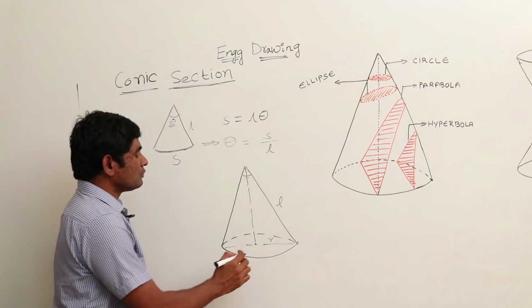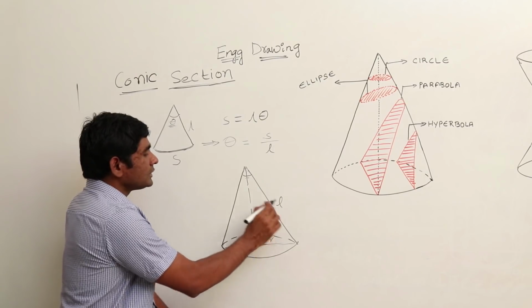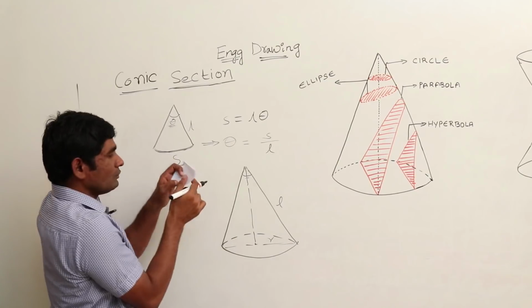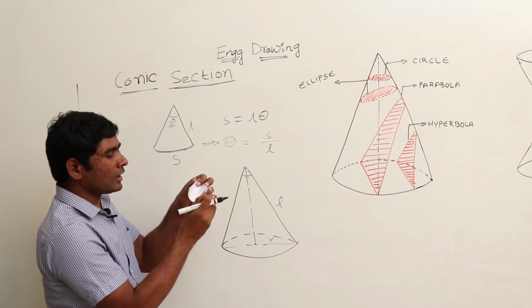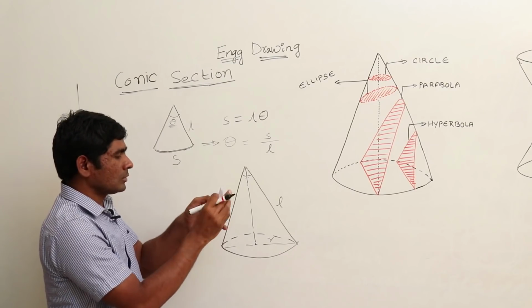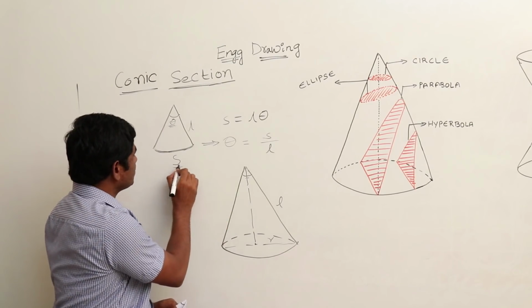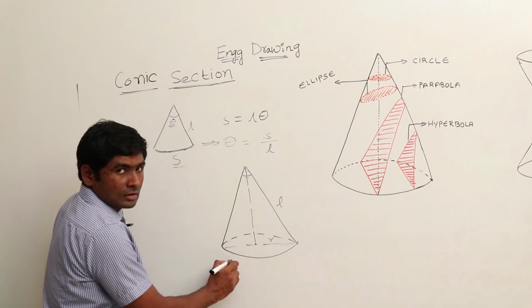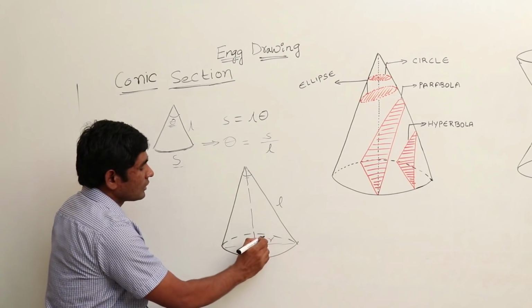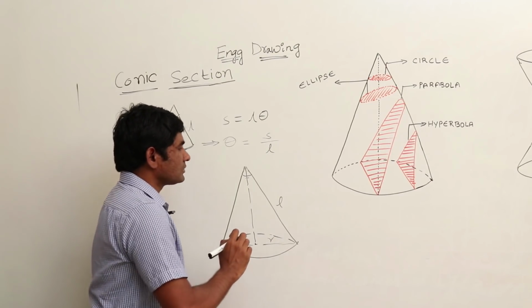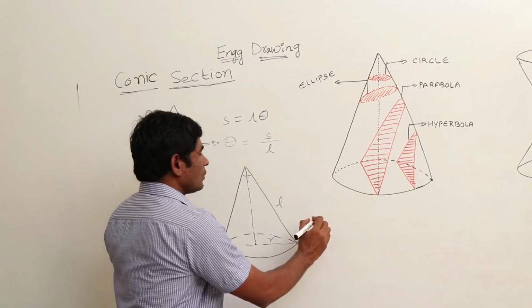So now I would like to find the relation between r and L. How to find the relation between L and r? If you observe, when I turn this sector into this cone, this whole S becomes the circumference of the base of this cone. So what is the formula for the circumference?